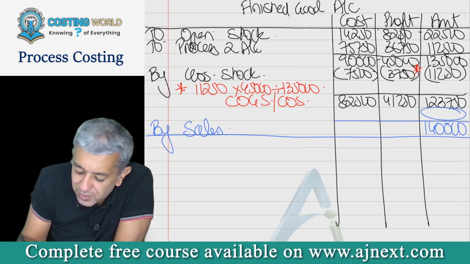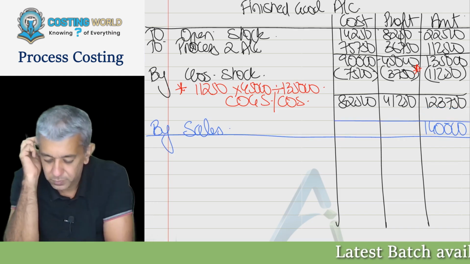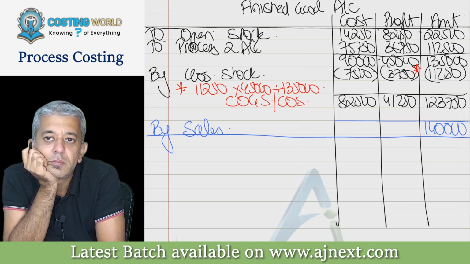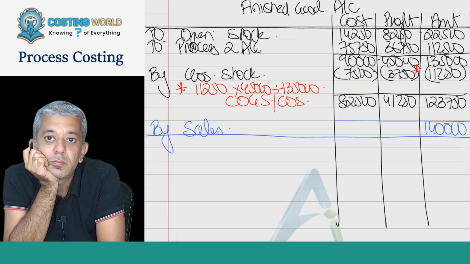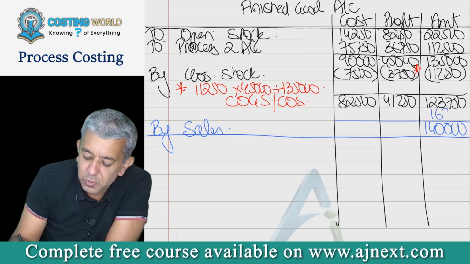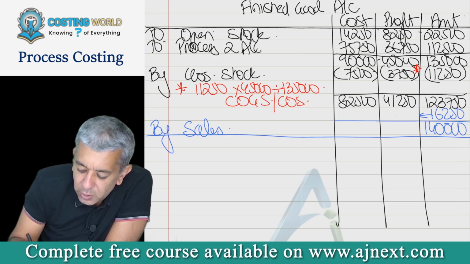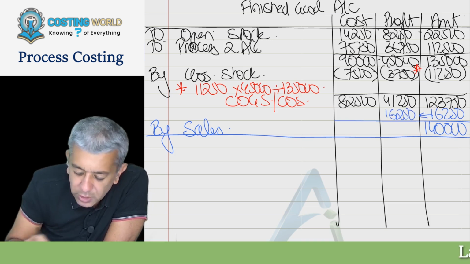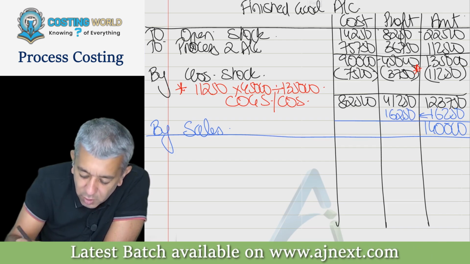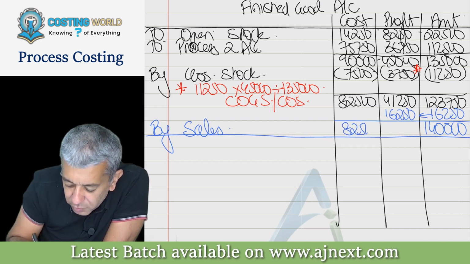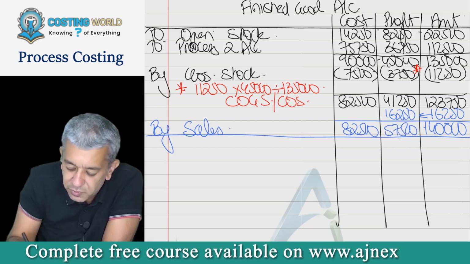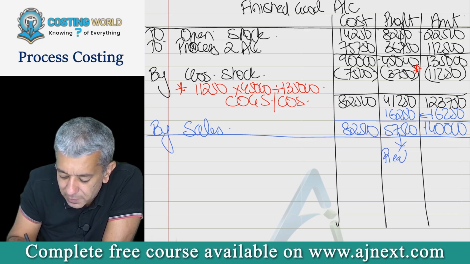Get me the balancing figure over here. $16,250. This 16,250 they shift over here. And then they total it up. So once they total, obviously this will be 82,500. This will be 57,500. This 57,500 is nothing but realized profit.